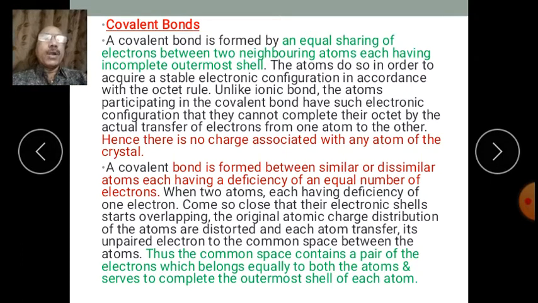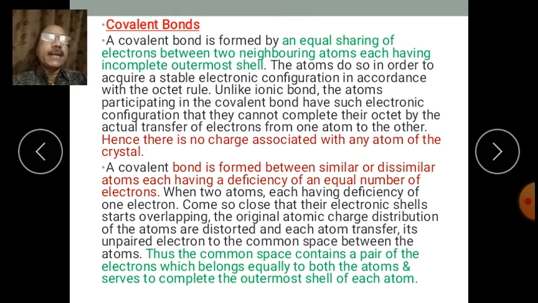Unlike the ionic bond, the atoms participating in the covalent bond have such an electronic configuration that they cannot complete their octet by actual transfer of electrons from one atom to another atom.